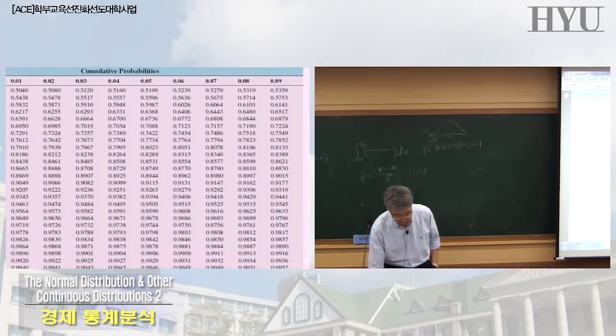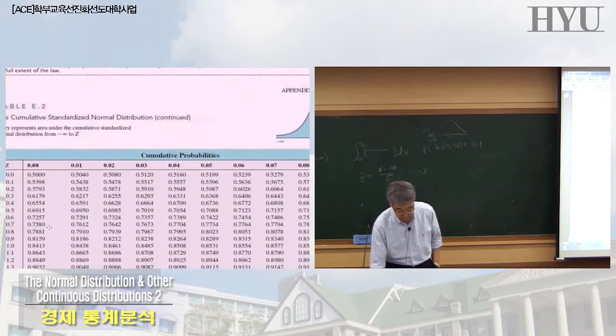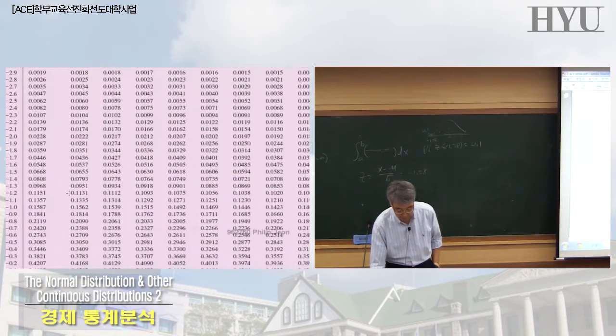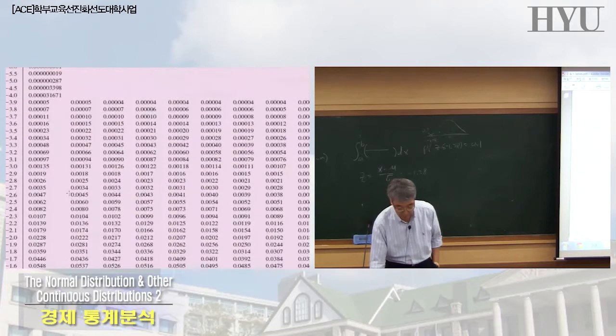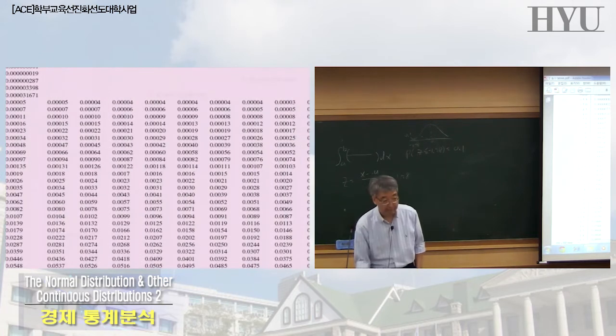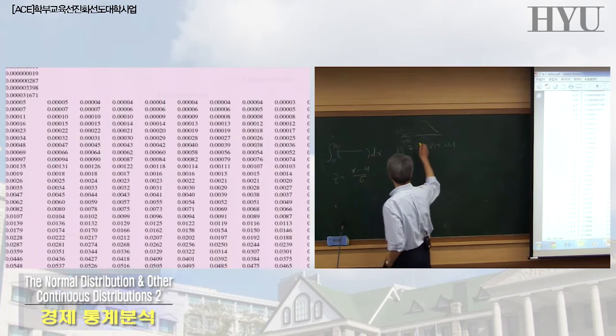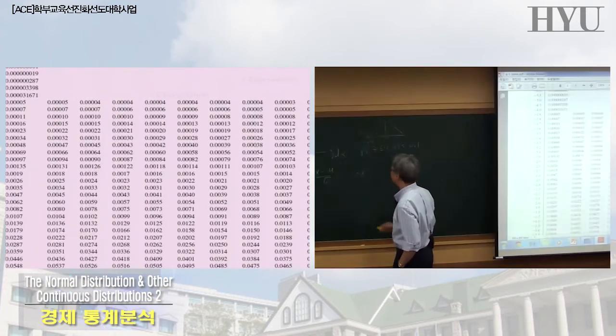Or in case you were given only this table, the negative side, then still you have no problem finding that number, right? Because we know that the distribution is symmetric, right?